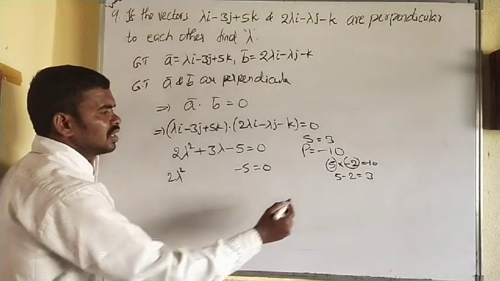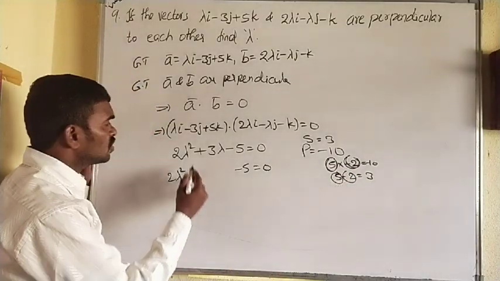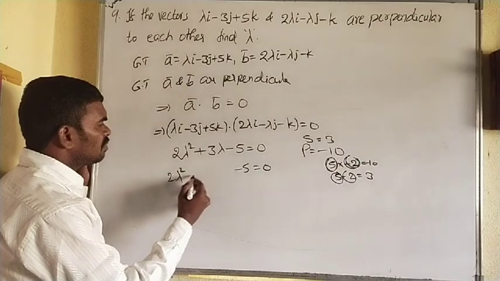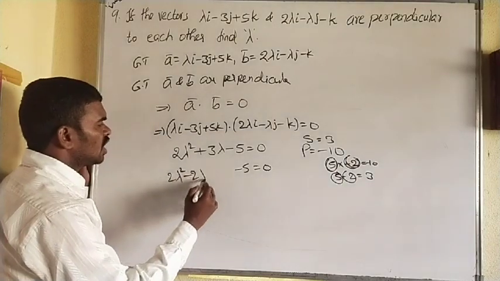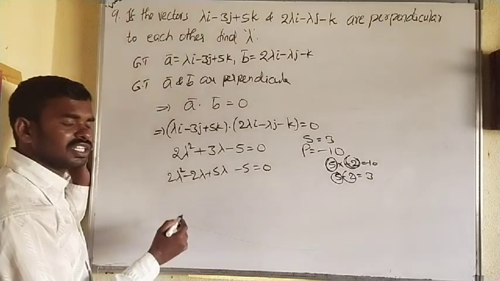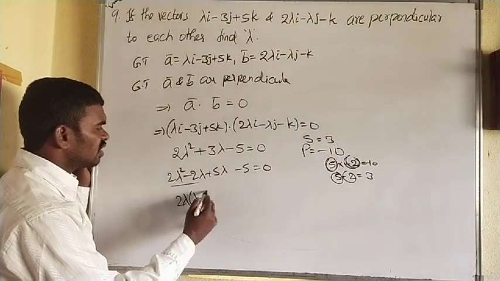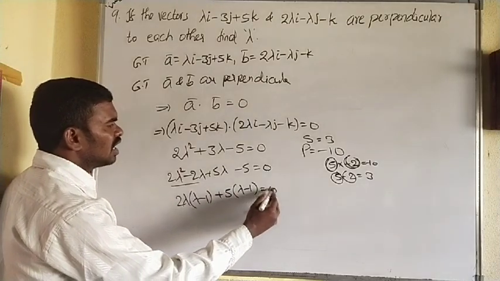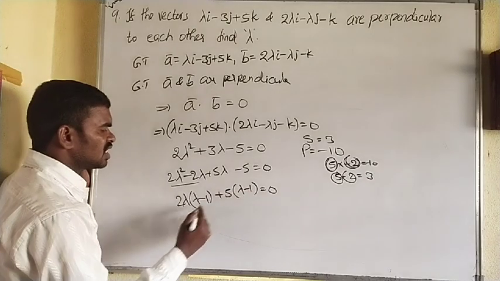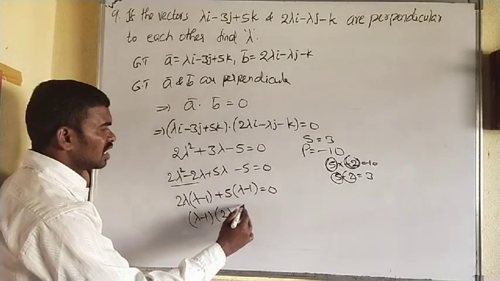From the first two, take 2 lambda common, then lambda minus 1 is remaining. From the next two, 5 is common, then lambda minus 1 is remaining, equal to 0. Again lambda minus 1 is common in both, so the remaining is 2 lambda plus 5, equal to 0.